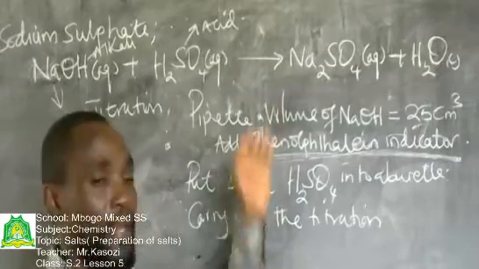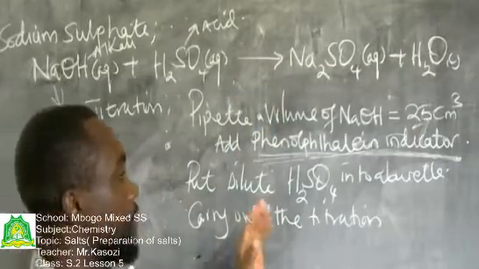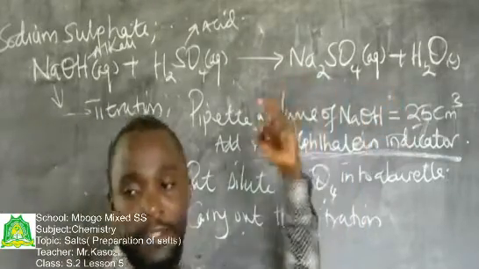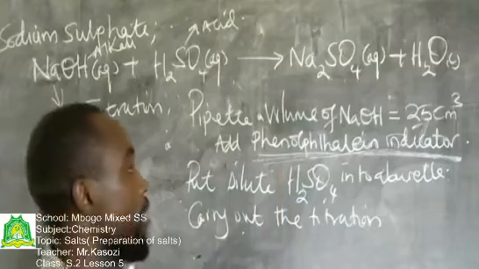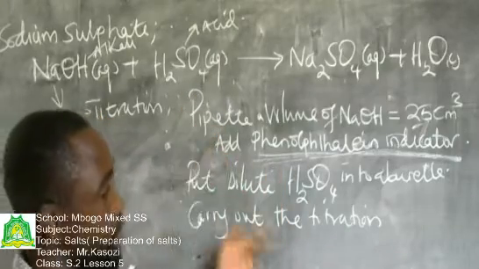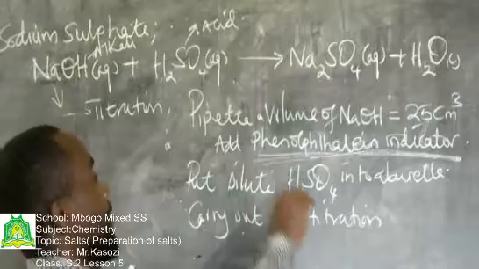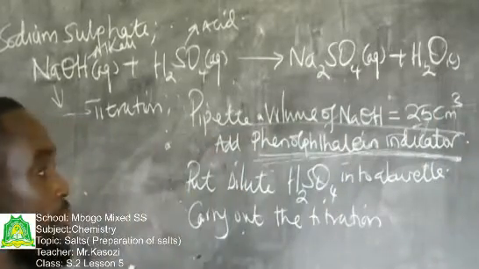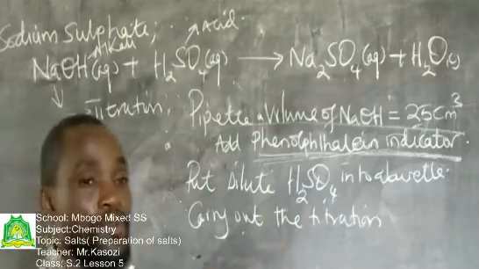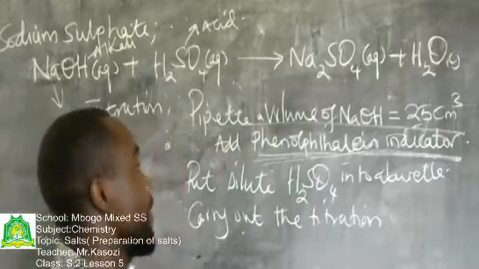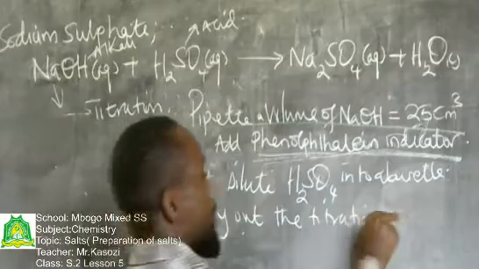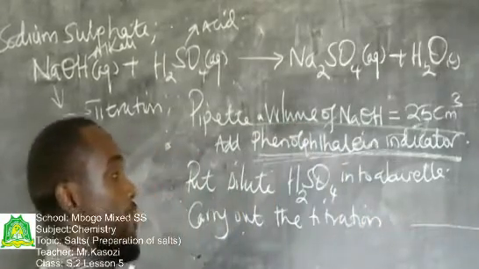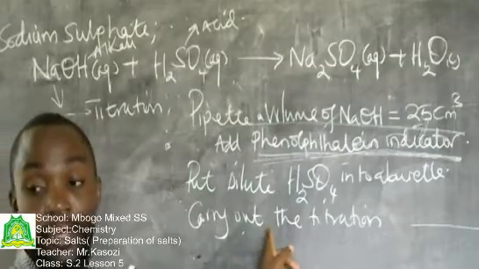We go to the burette and we see what volume of the acid has been used to neutralize the base, the alkali. So you carry out the same procedure by pipetting again 25 cubic centimeters of the alkali into a flask. Then you measure the exact volume of the acid used at the end point.